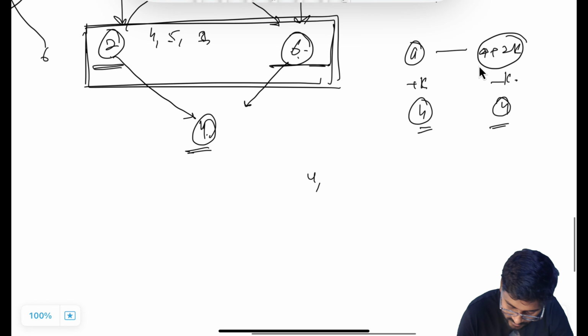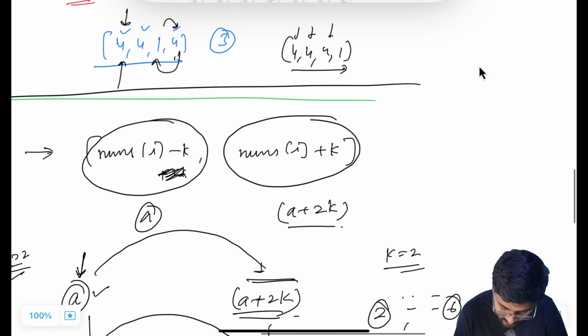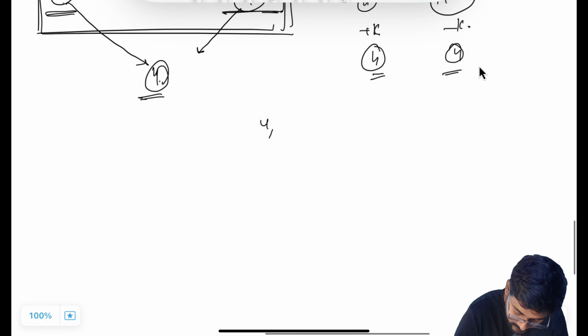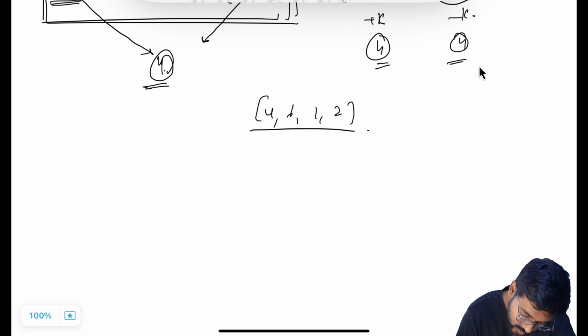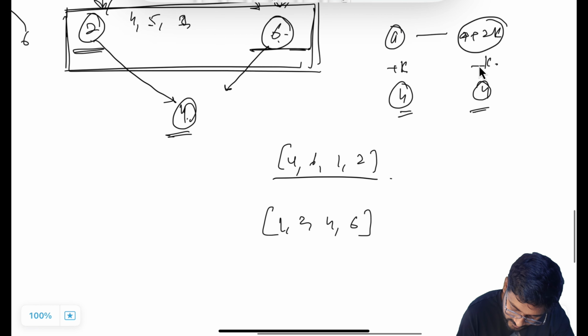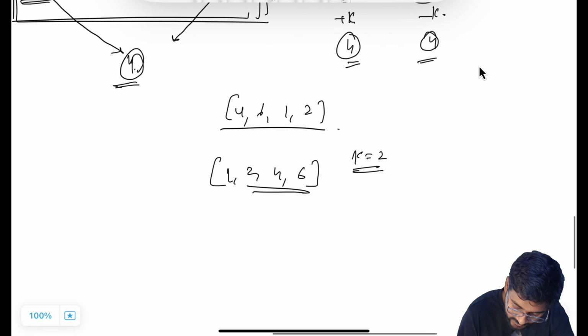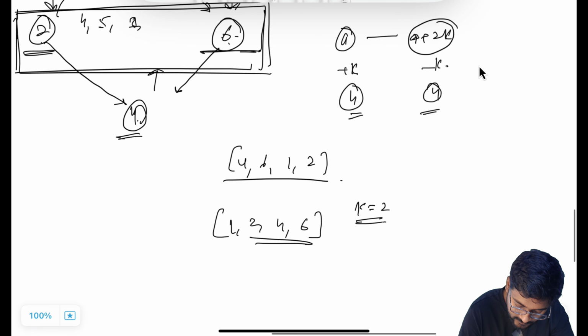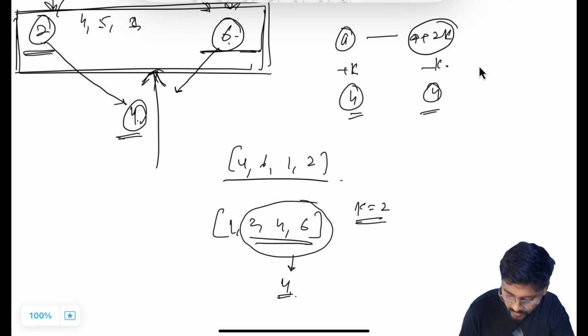My array was given something like this: 4, 6, 1, 2. If it was something like this: 1, 2, 4, 6. Now here, are you able to get the idea that 2, 4, 6, if the value of k is equal to 2, then my expression, this expression that I have evaluated, is saying that this range can be converted to 4.